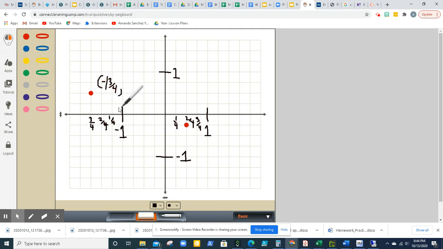And then it goes up 1 2/4. So 2/4. And if you wanted to simplify it, you could, and you could put a half there instead. So it's a negative and then a positive. And then over here, this point would be at +2/4 as your x value. And then how many down? You're going 1 unit down, 1/4.